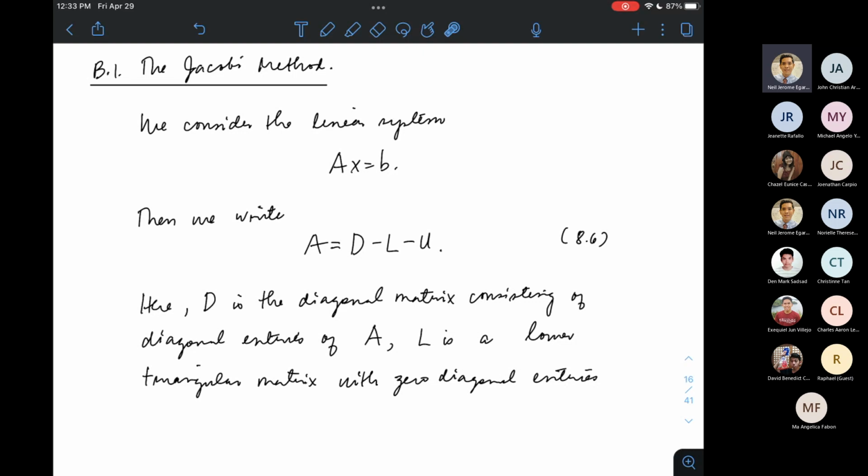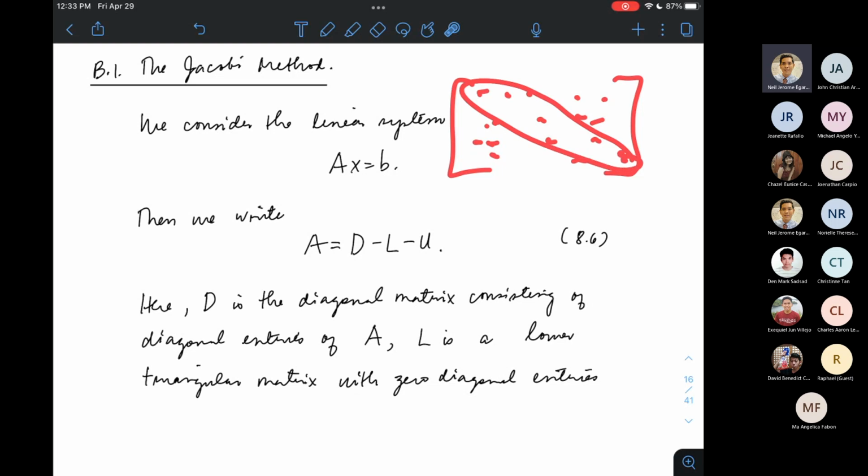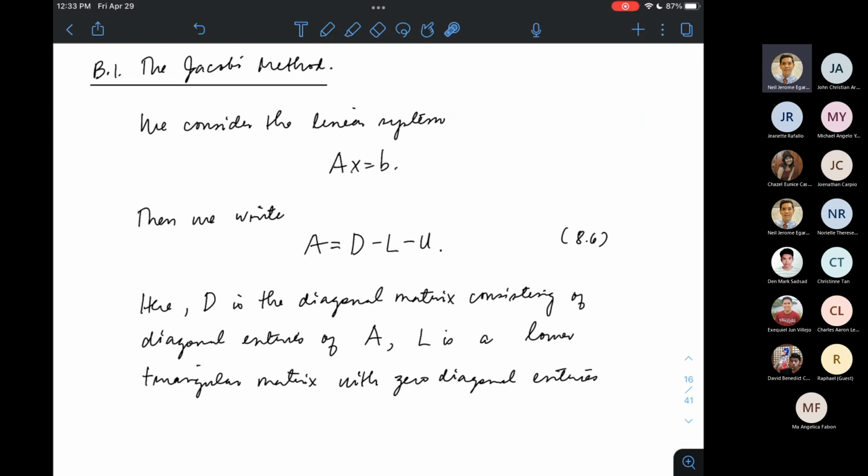So di ba meron kang matrix A, marami yung laman. Okay? Si matrix D, siya lang yung diagonal part. So D is the diagonal matrix. 0 siya sa labas ng main diagonal. So ang may entry lang ay si a11, a22, a33, a44, a55, a66. Sila lang yung posibleng magkaroon ng non-zero entries.